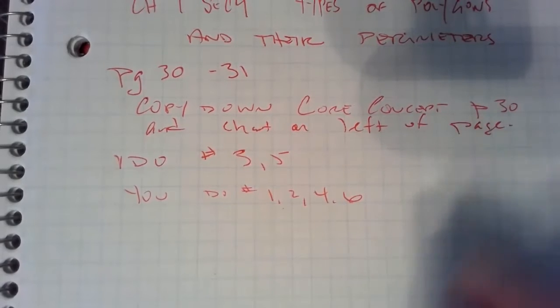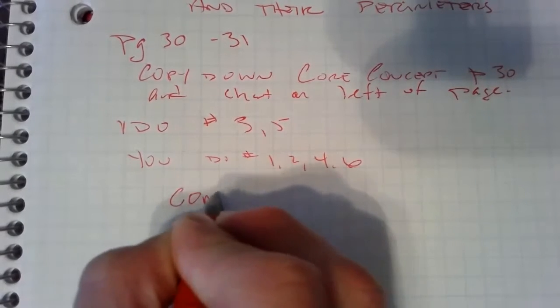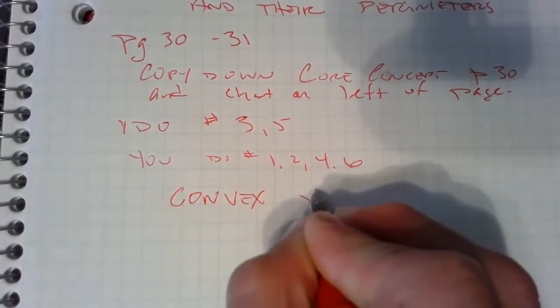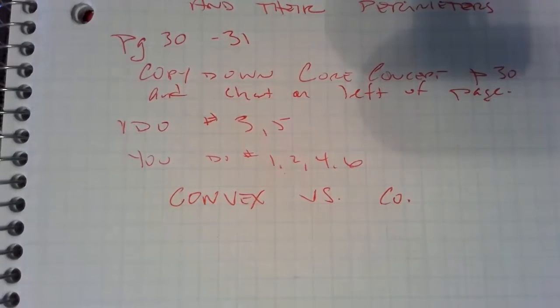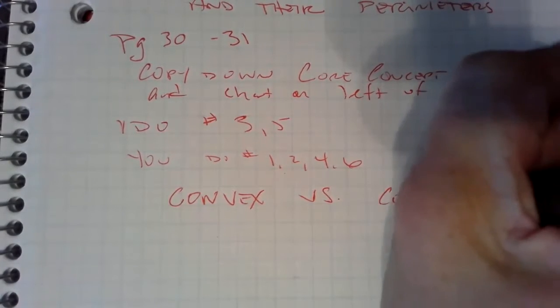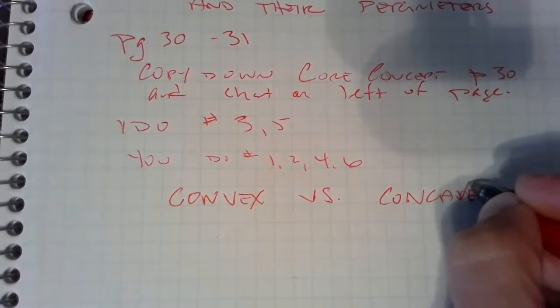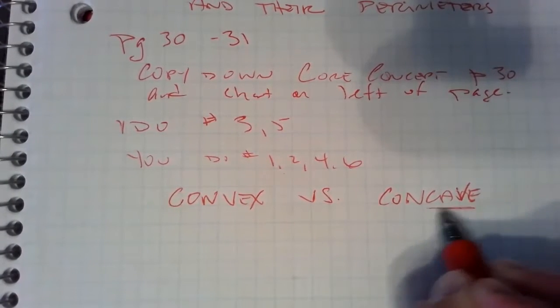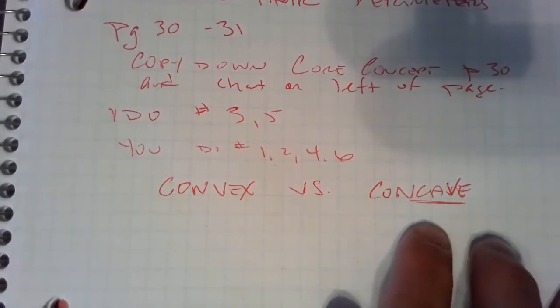Now, one thing about convex versus concave, to help you answer whether a polygon is convex or concave. I think the easiest way that I know is that concave polygons have a cave inside them.